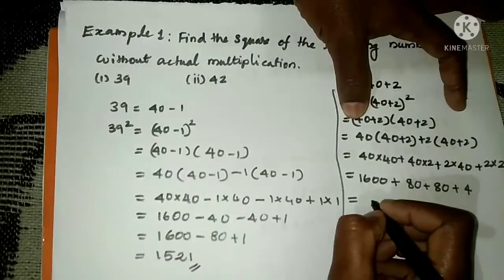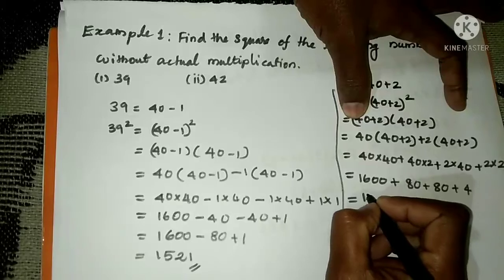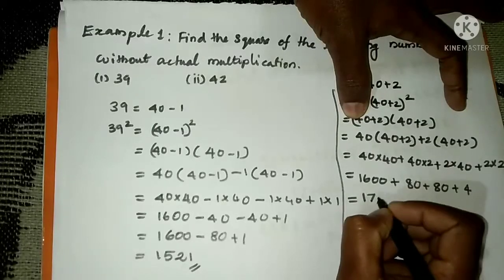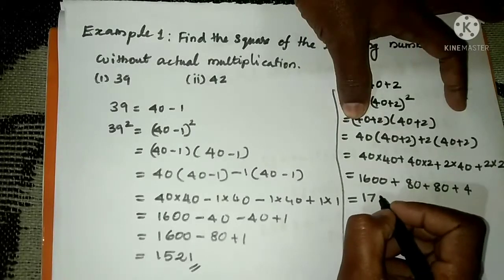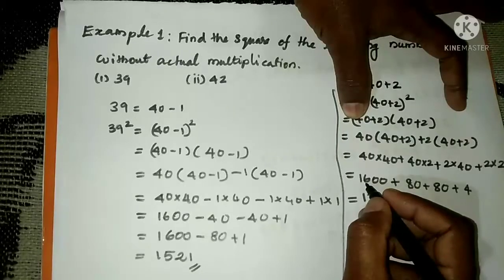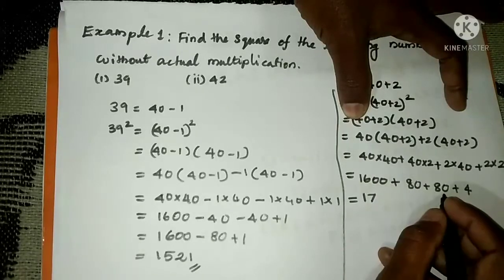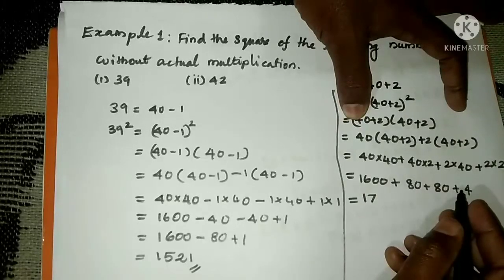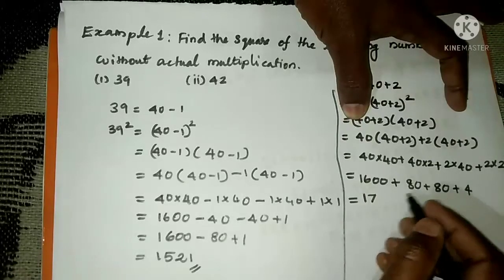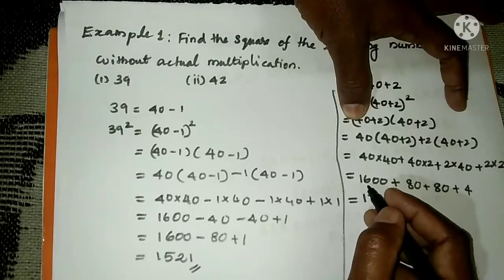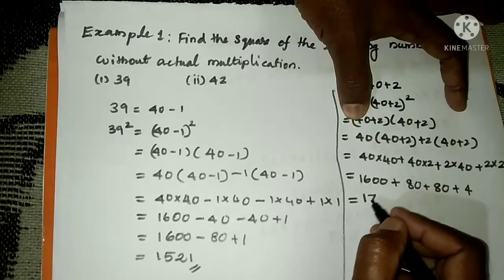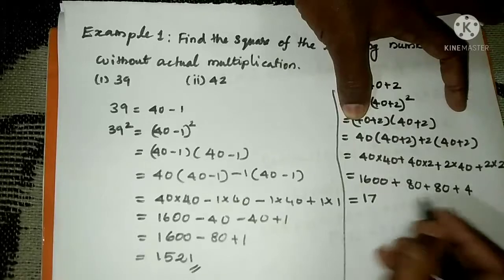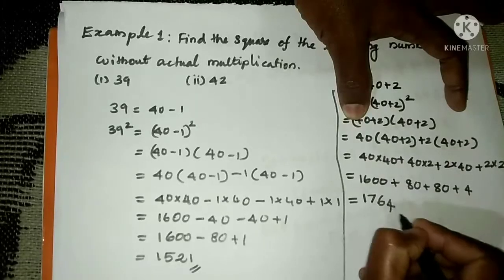Now we can add everything. 80 plus 80 is 160. When we add the 160 with the 1600, we get 1760 plus 4. 1764 is the answer.